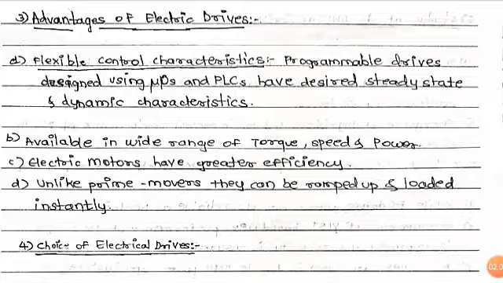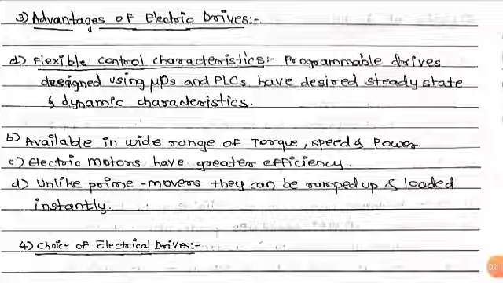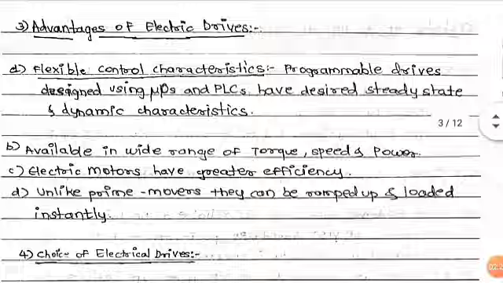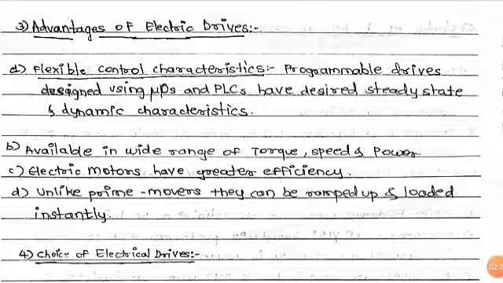That is what the steady state point is, and that is the operating point of the drive. For example, suppose the load requirement is 10 Newton meter of torque at 1000 rpm. So that is the operating point.